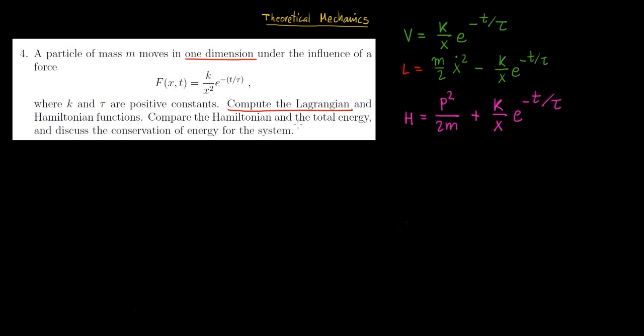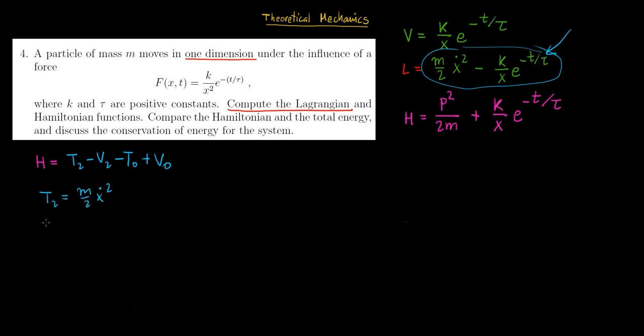Okay, compare the Hamiltonian and the total energy. Well, as we have seen before, we know that the Hamiltonian has to be T2 minus B2 minus T0 plus B0. Looking at the whole expression, we see that T2 equals m over 2 x dot squared, B2 equals 0, T0 equals 0, and B0 equals k over x e to the minus t over tau.